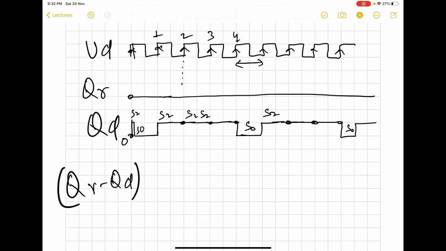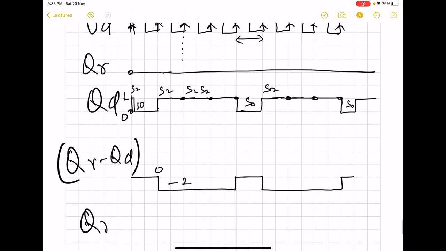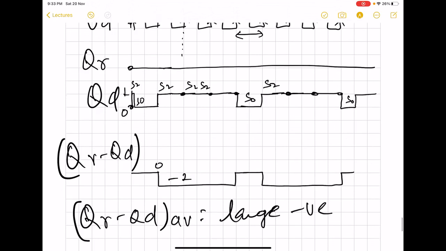So this is level 0, this is 1. So we are going to get 0, and then -1, then 0, then -1, like this. So this is 0, this is -1. So this QR minus QD average is going to be a large negative value.